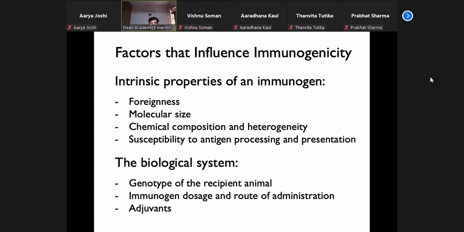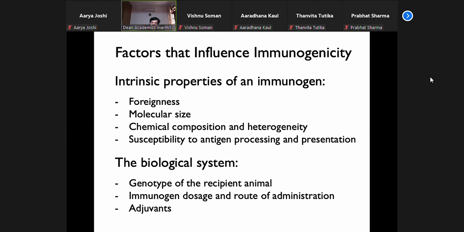Now, the other thing is how much dose of this antigen you usually inject, and what route of administration you're following. So for example, you eat a lot of food through the oral route, right?